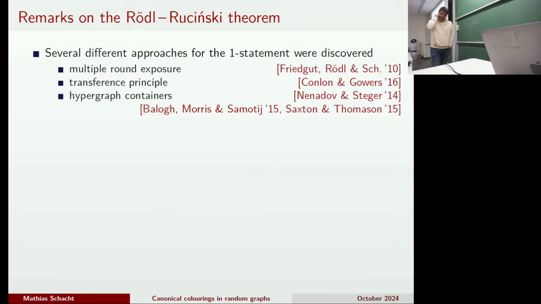And from those fairly general results about independence numbers in hypergraphs, you can also transfer these Ramsey properties fairly easily now. So if you believe in these hypergraph containers, or if you use them as a tool, then it's a very short consequence.